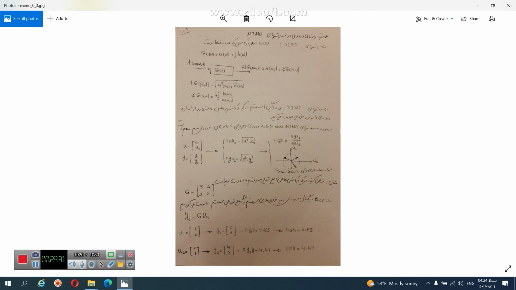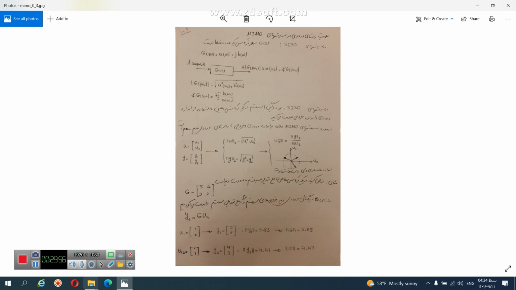Consider G as 4, U as 2, Y becomes 8. If we have input and output, we divide outputs over inputs, we can find G. Always G is constant. In a MIMO system, it's not constant.